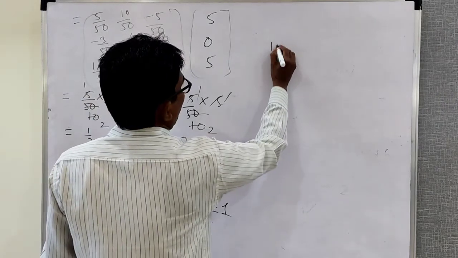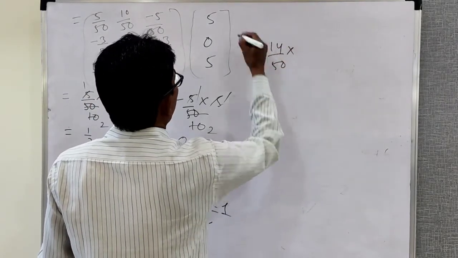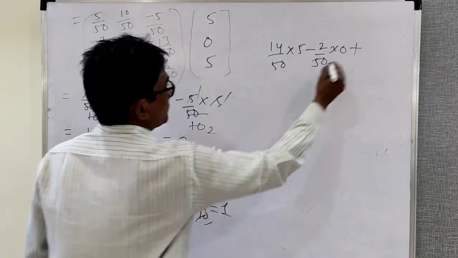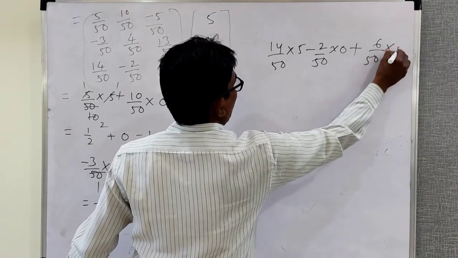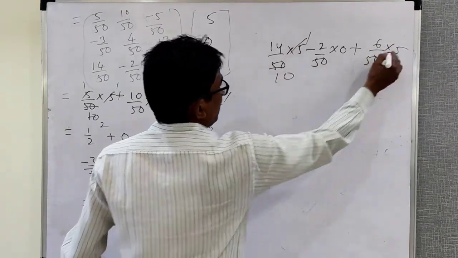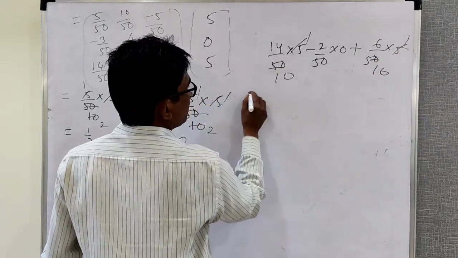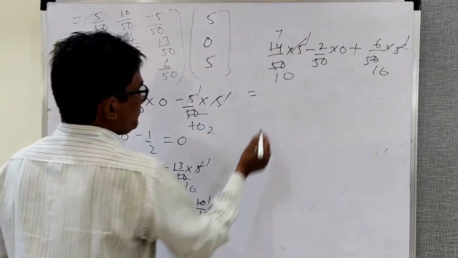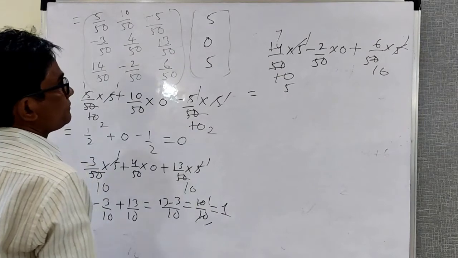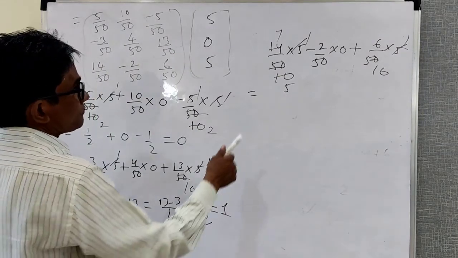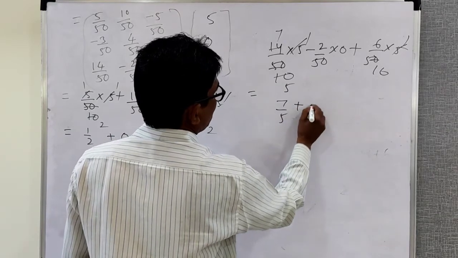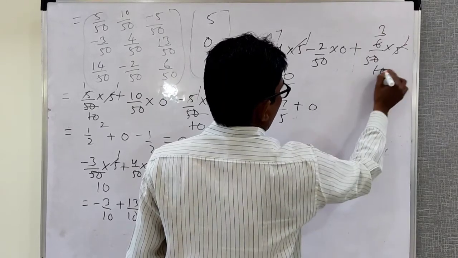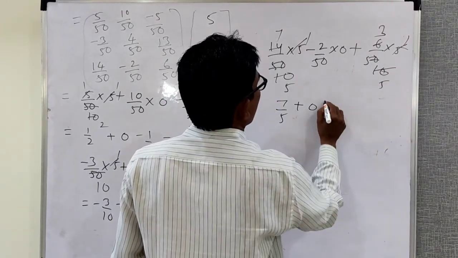The next third row, first column. What is third row? 14/50 into 5 minus 2/50 into 0 plus 6/50 into 5. So 5 1s are 5, 5 10s are 50, 5 1s are 5, 5 10s are 50. So it is 7/5 plus 0, and this is 3/5.